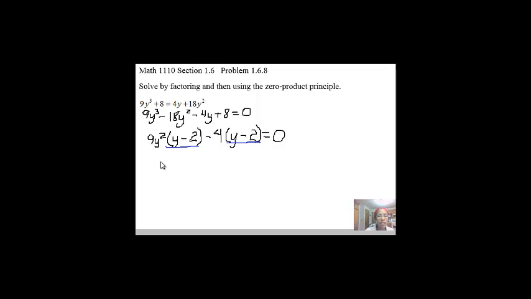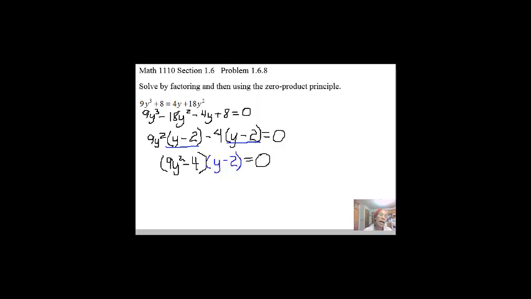So I notice that my common factor is y minus 2. Notice how that appears as a factor in first position and in second position. In first position, y minus 2 was multiplied by 9y squared. In second position, y minus 2 was multiplied by negative 4. That's what my factorization looks like.